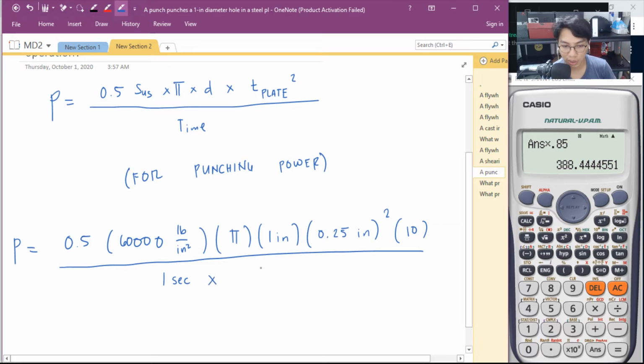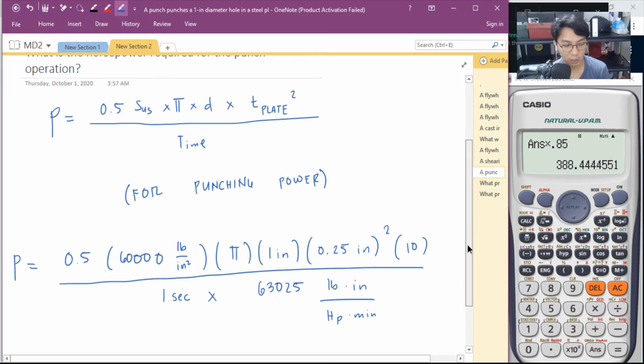The factor is 63025 pound inch per HP minute. 1 second. You have there HP minute 10 seconds.